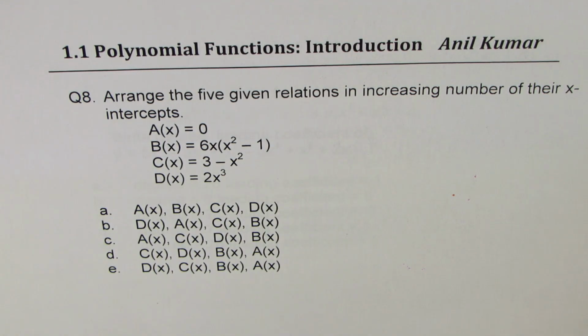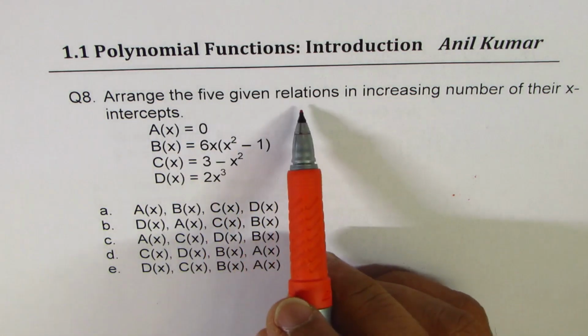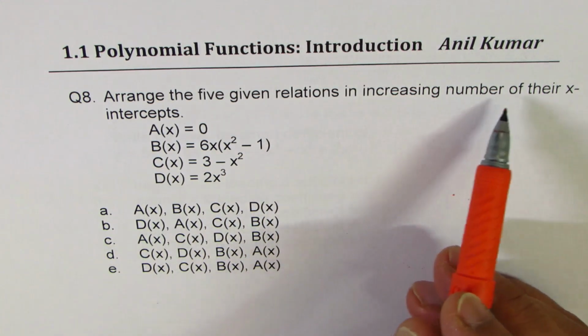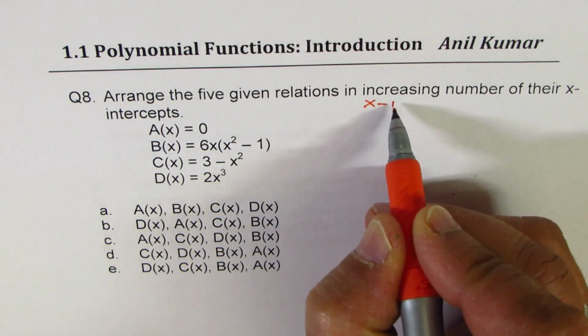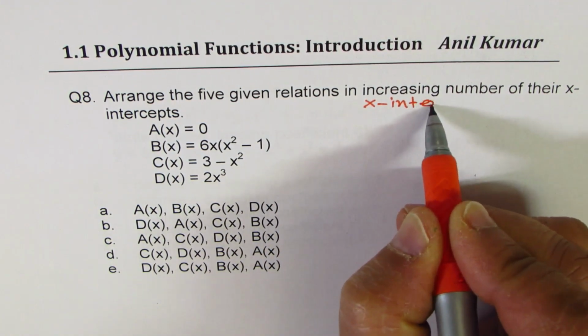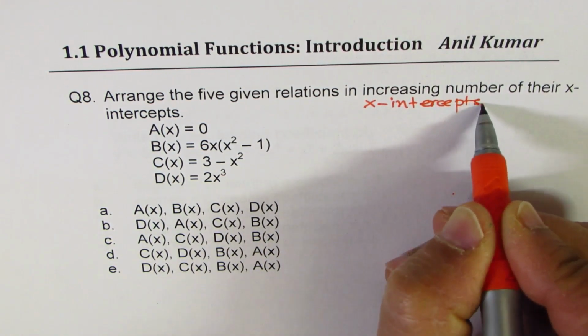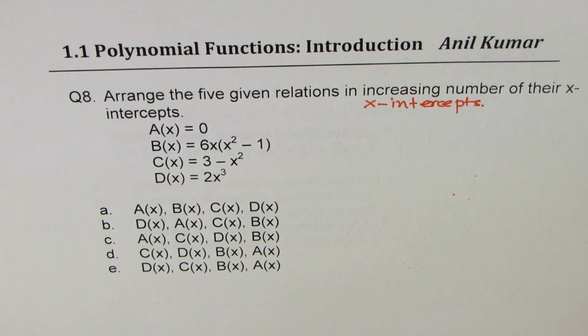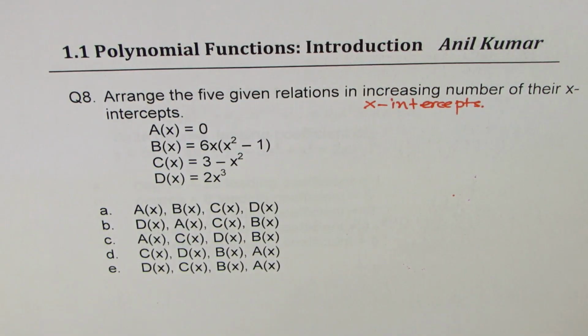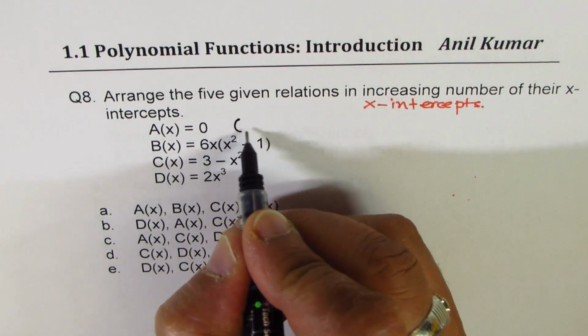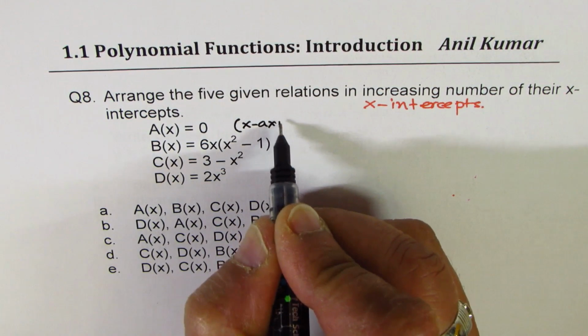Question number 8. Arrange the 5 given relations in increasing number of x-intercepts. So we have to find the x-intercepts and then arrange them in increasing order. Now when I say a is the constant function y equals 0, what does that mean? It is basically the x-axis.